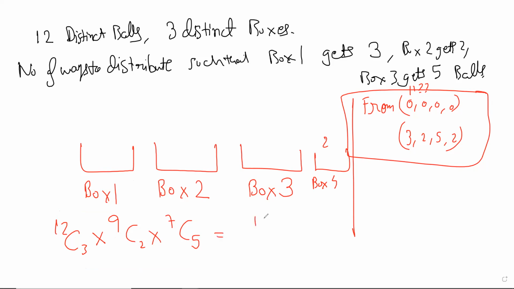So this will be, as you can understand, 12 factorial over 3 factorial, 2 factorial and 5 factorial. So you have to just work it out. That's right. This will be the answer. So this will not add up to 12 factorial. Wait, this is wrong. What I've said is wrong.